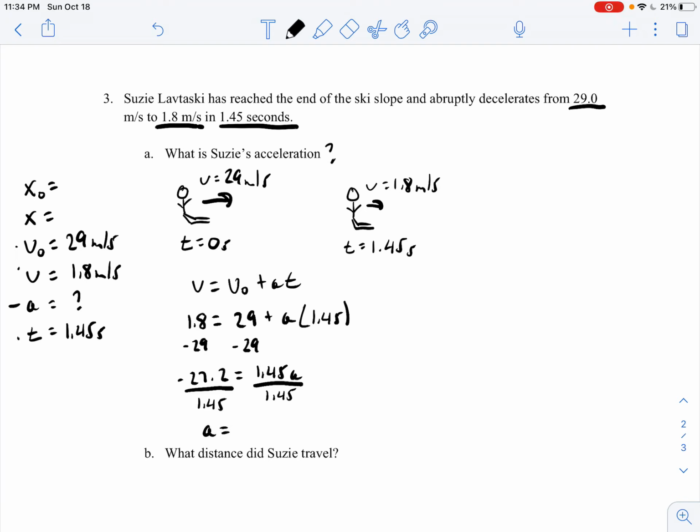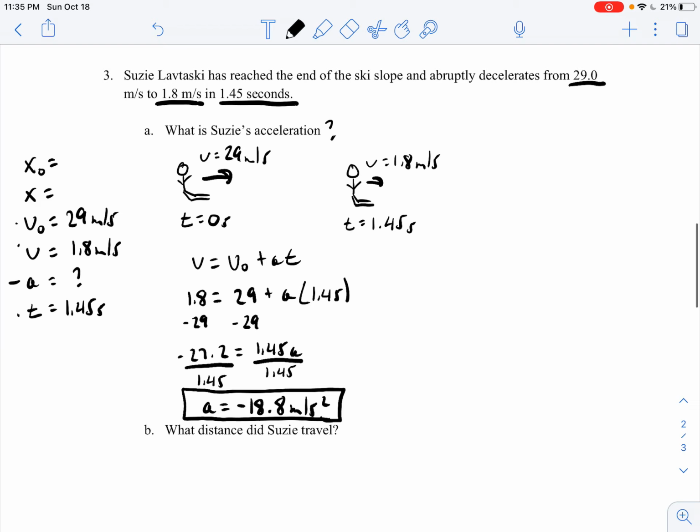It's going to give us an acceleration that is equal to negative 18.8 meters per second squared. We want to do a quick double check to make sure our answer seems right. We have a negative acceleration, which should make sense to us because we are slowing down as we go from 29 down to 1.8.